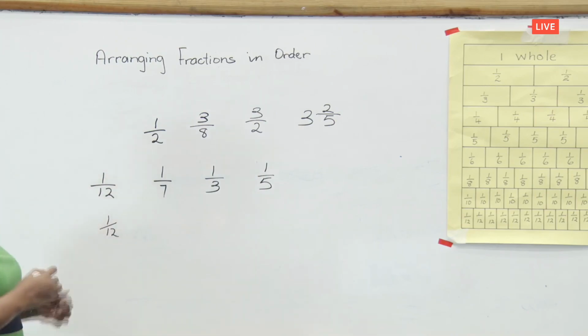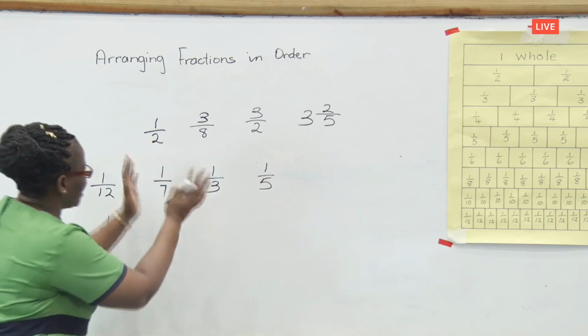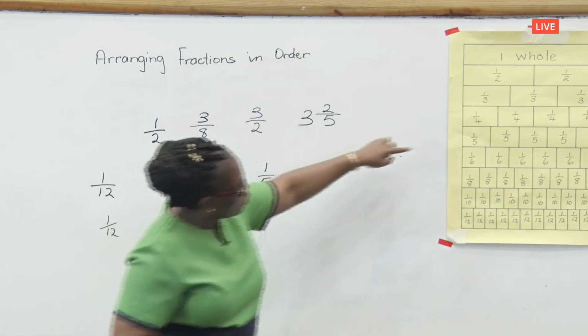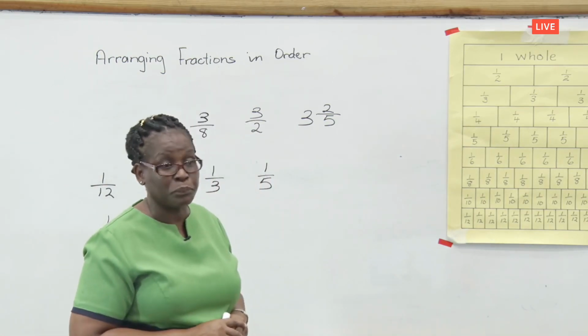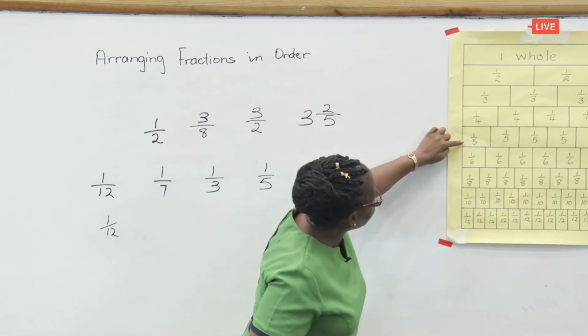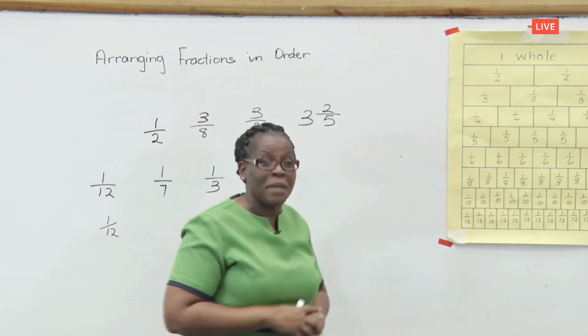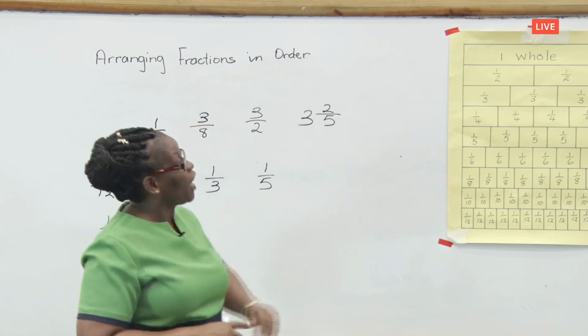So we'll put 1/12. Next, 1/7 is not there, so let's say we leave 1/7 out. But let's look at 1/5. Out of 1/5 and 1/3, which is bigger?